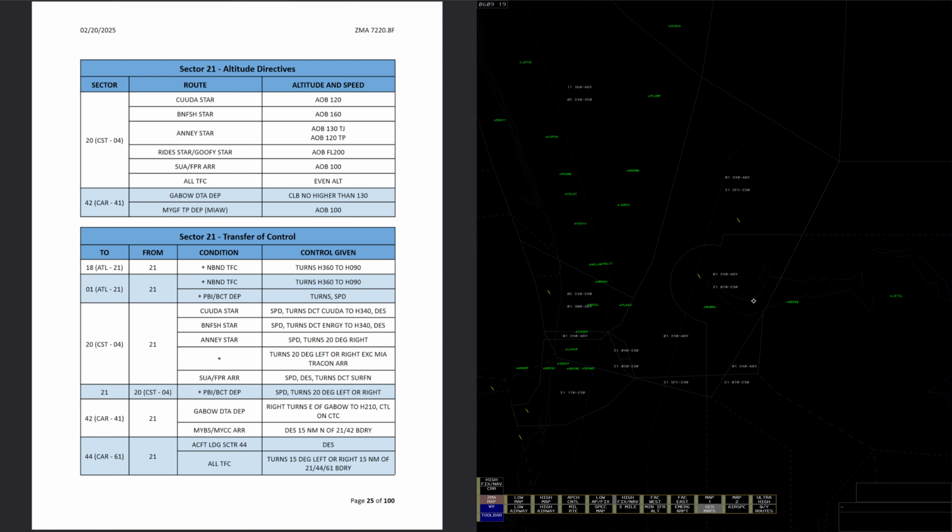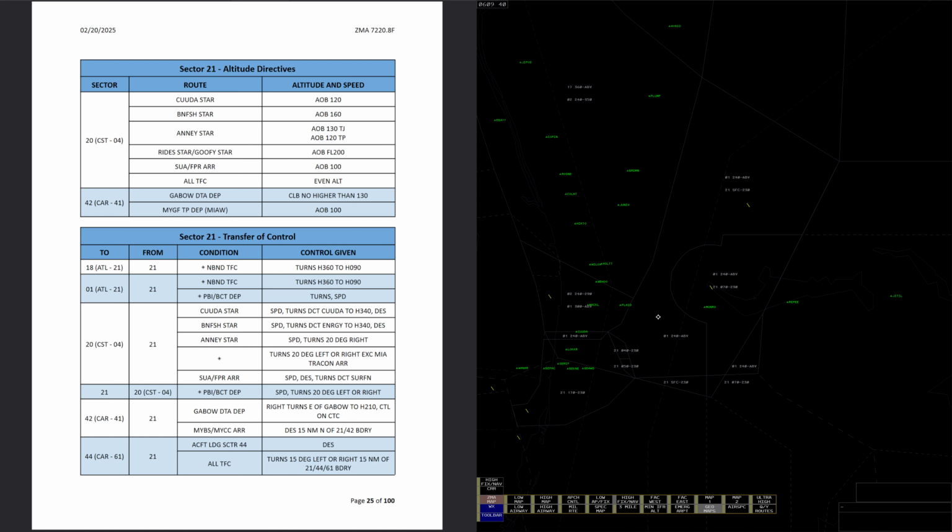On the Cuda and Bonefish arrivals, Sector 21 works traffic from the east over Freeport and issues an initial descent prior to them being merged into the flow with coastal traffic on the western side of its airspace.